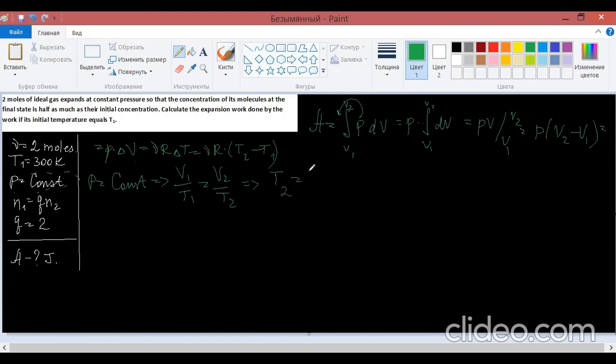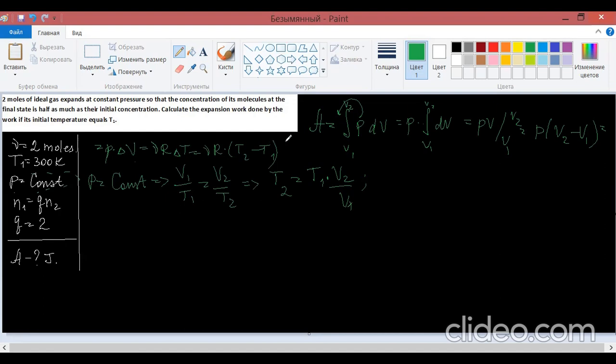It equals T1 times V2 over V1, yeah? But we have no information about the volumes of the ideal gas at states 2 and 1. We don't have direct information, but we've got a hint.